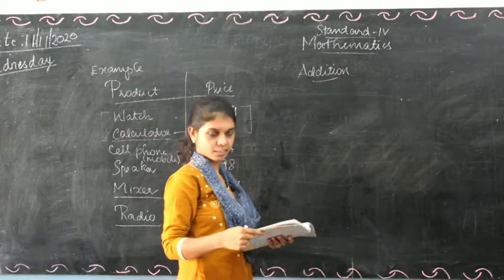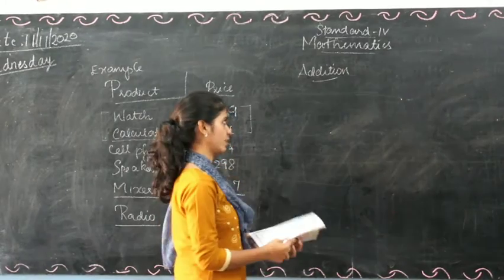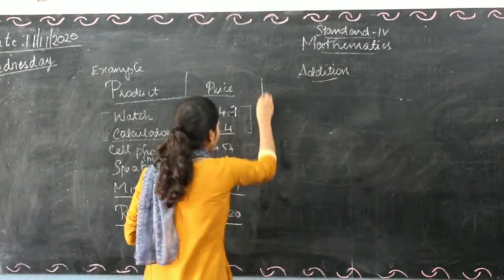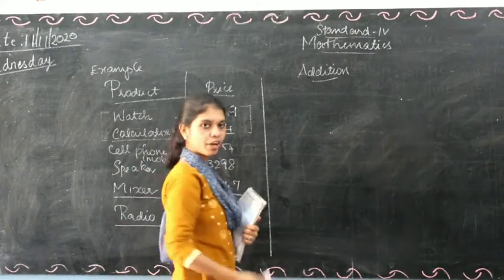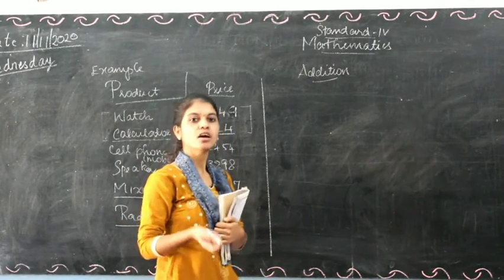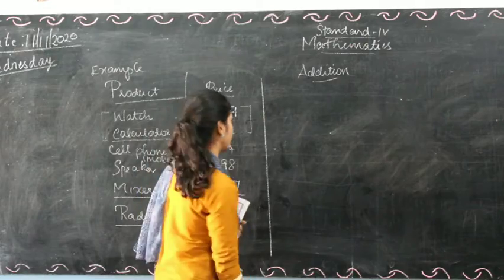So a person needs to buy cell phone and calculator. What will be the total amount? Now we are going to see how we are going to add a 4-digit number and a 3-digit number.